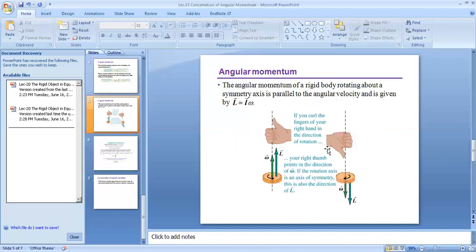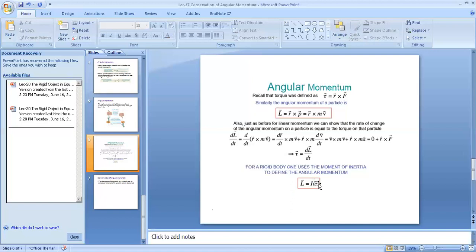Previously, we have seen that L is equal to I omega. On this assumption, we say that moment of inertia and angular momentum can be related through this expression.